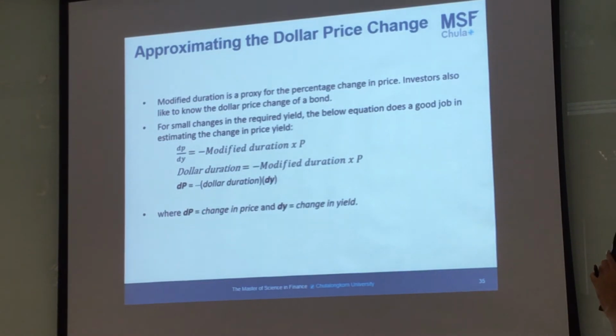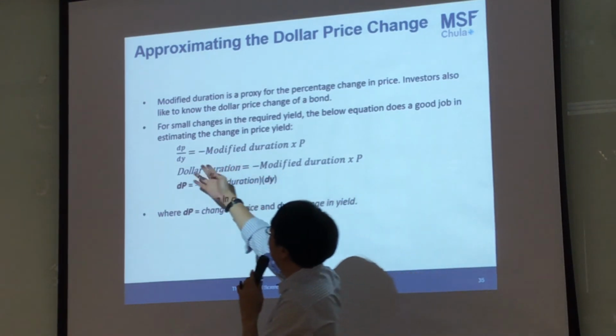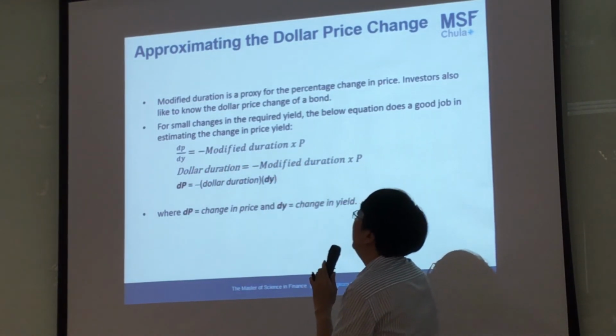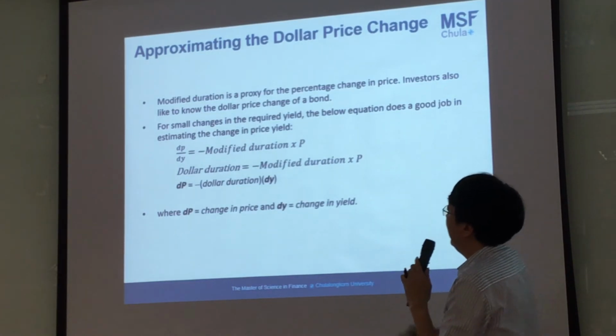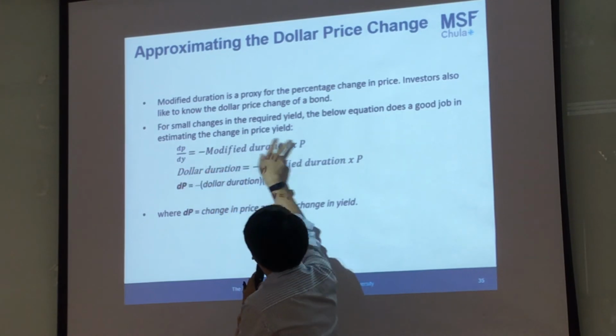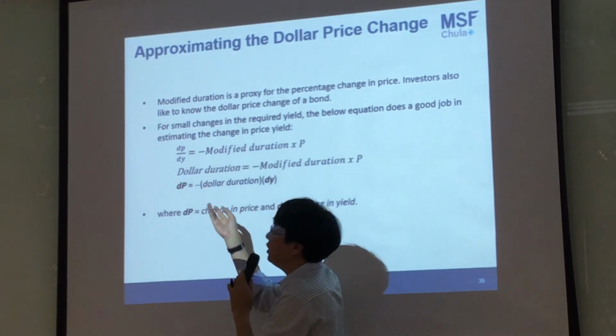Alright, this is just another formula to show. Suppose that instead of knowing the percentage change of the bond price, you want to know the dollar change of the bond price. You can just adjust the formula slightly based on the same formula, right? dP over dy equals the modified duration multiplied by P. Or by the definition of modified duration, it is just dP over dy over 1 over P. You just rearrange a little bit.